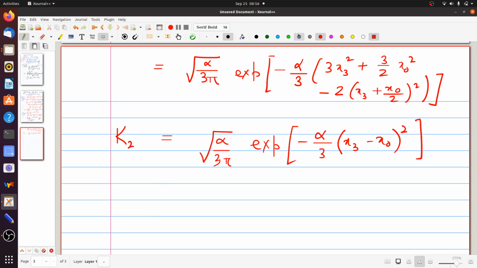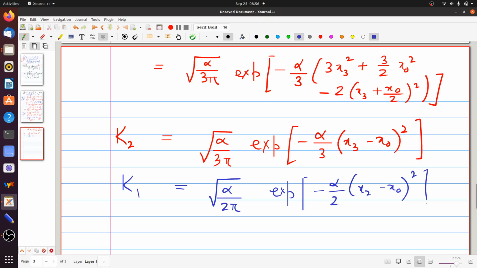Just to contrast, let's put down k1 right next to it. K1 worked out to be root over alpha by 2 pi, exponential minus alpha by 2 (x2 minus x0) whole square.